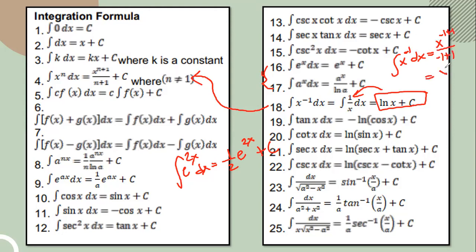That will be equal to x raised to 0 over 0. Okay, so hindi po pwede, undefined. That's why ginagawang 1 over x dx, and ang integral ni 1 over x, meron siya. So nanggaling siya again, ln of x. Okay, don't forget the plus c.